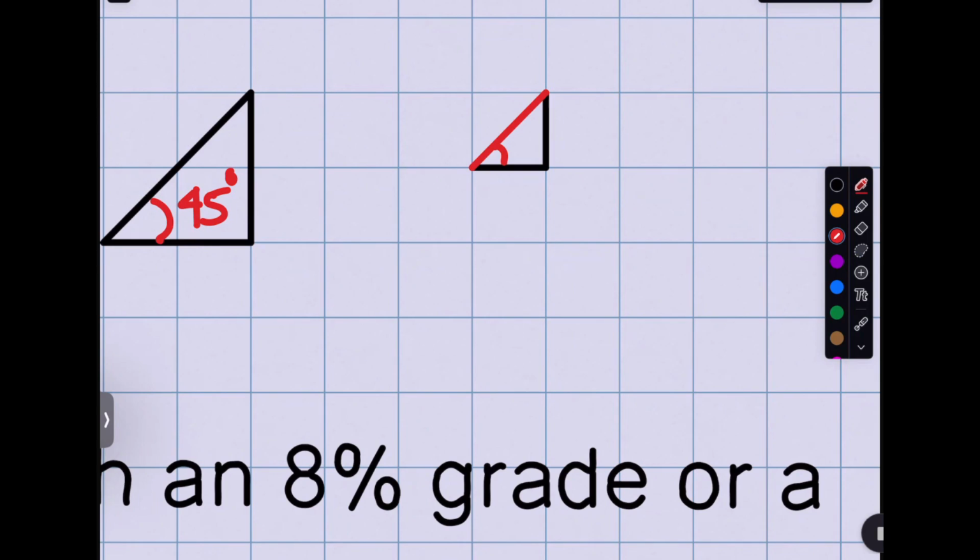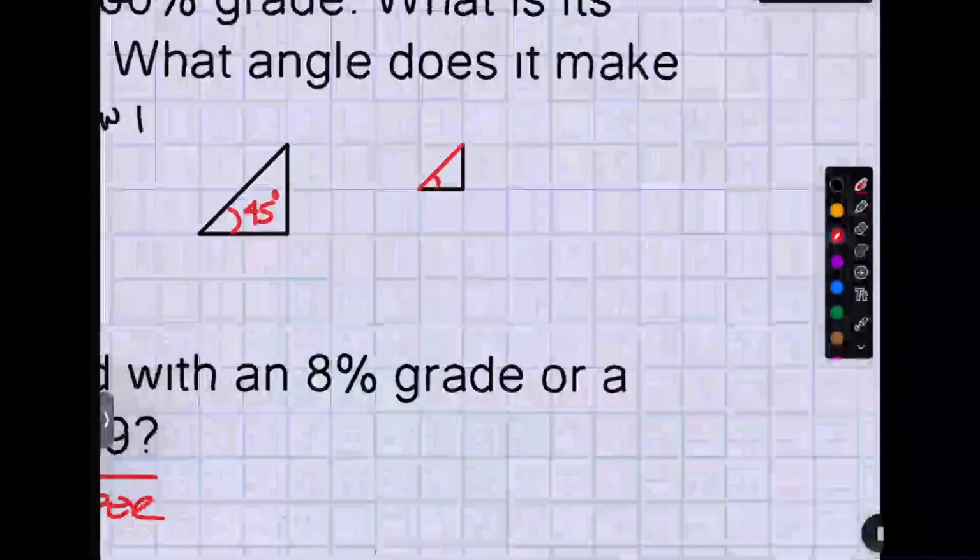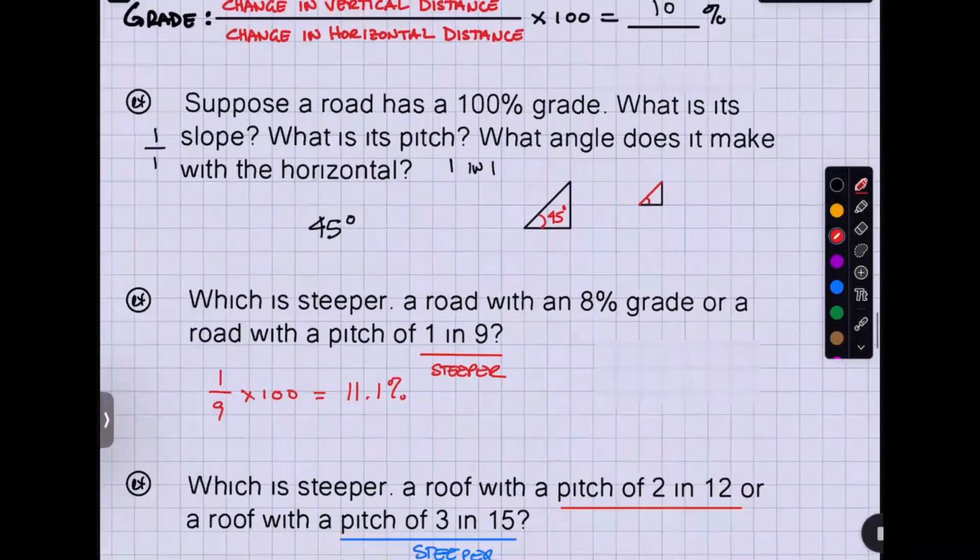How would you find it with a different pitch or slope? Would you just use the Desmos thing to find the angle of those ones, if it was like 1 and 2 or something? I'm trying to think if there is a way of doing it as an angle without using trig.